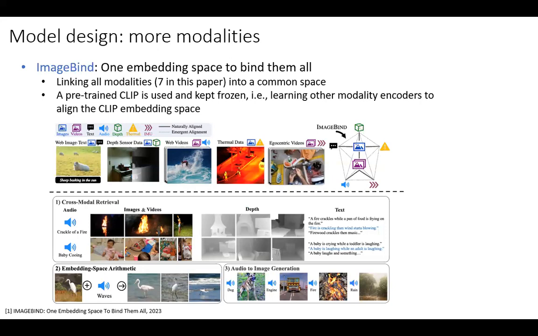And in the paper, they also show, usually we do text to image generation, right? But here they can do audio to image generation. You get an audio as input, but since your audio and the text are in the same space, you just map your audio into an embedding, without changing anything.